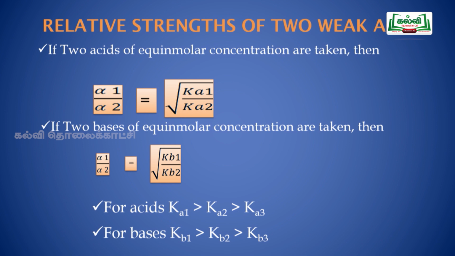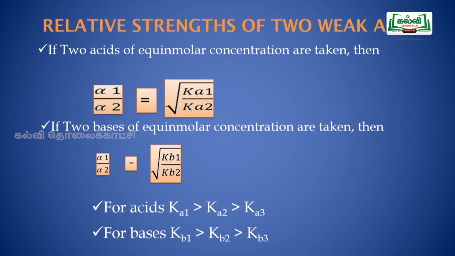Ka is the dissociation constant of a weak acid. Similarly, Kb is the dissociation constant of a weak base. The last two lines given are very important. For a weak acid, always Ka1 will be greater than Ka2, which will be greater than Ka3. Similarly, for bases, Kb1 greater than Kb2 greater than Kb3.